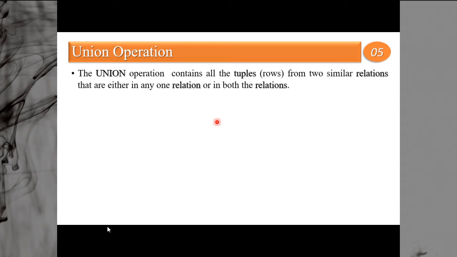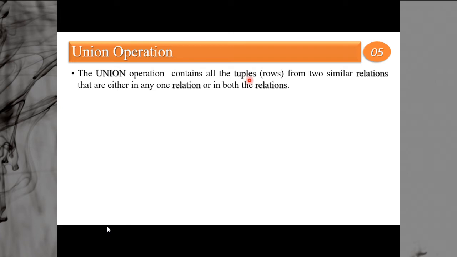What it means is when you are performing union of the two relations, it simply combines the tuples of two tables and creates a new relation. The new relation contains all the tuples from relation A and all the tuples from relation B. That is union.